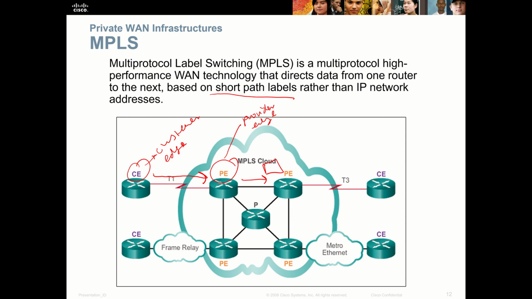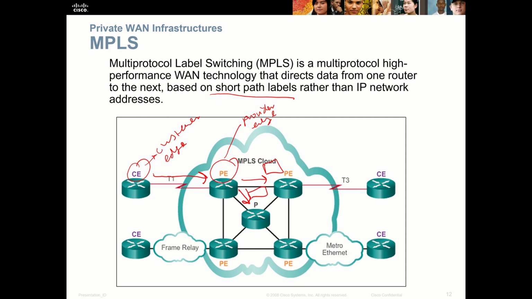So for example, if you send a packet through here, the next router will label the packet. These packets are forwarded at the switching level rather than the router level.